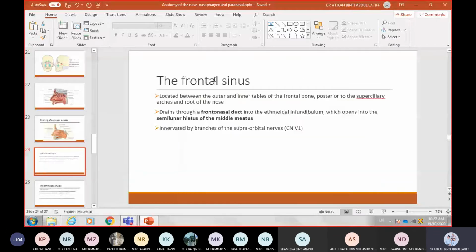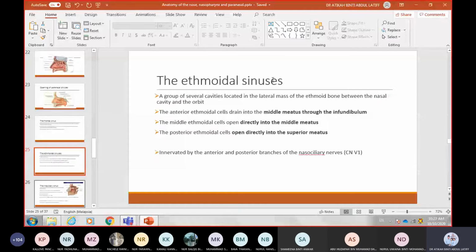Just to go one by one, the frontal sinus drains into the middle meatus, as I mentioned. And the ethmoidal sinus is divided into anterior, middle, and posterior. So the anterior and middle ethmoidal cells open into the middle meatus.